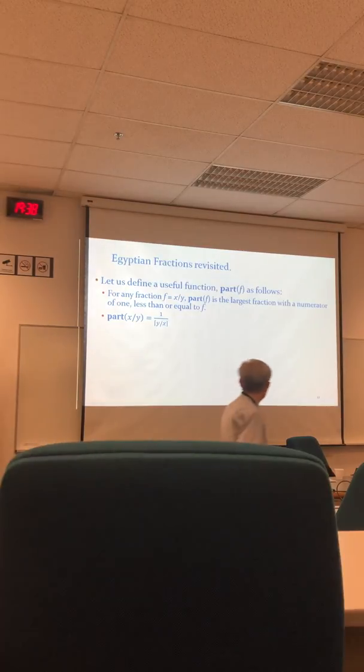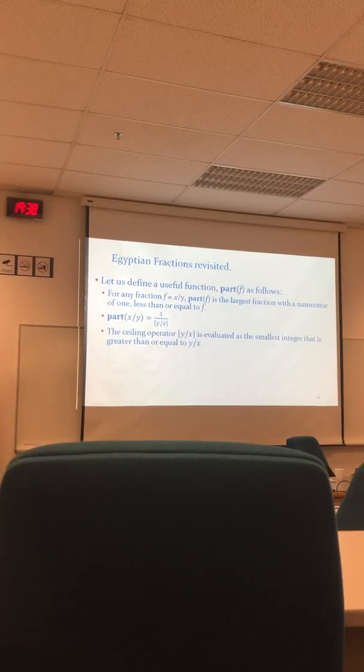So ceiling. This is the formula to calculate part f. Earlier we didn't go through this kind of function. So ceiling, smallest integer that is greater than y upon x. Okay.